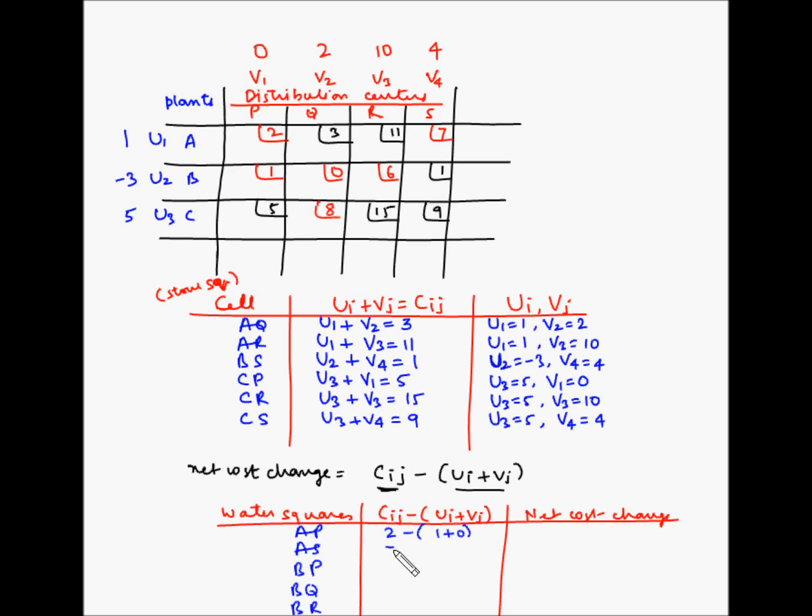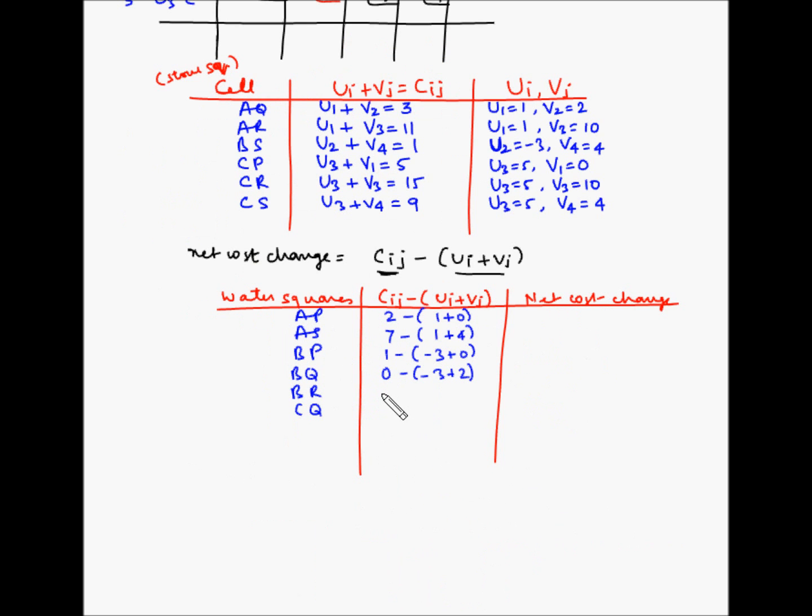So we get 7 minus 1 plus 4. For BP, the value is 1 minus 3 plus 0. For BQ, 0 minus 3 plus 2. For BR, 6 minus 3 plus 10. And for CQ, 8 minus 5 plus 2.